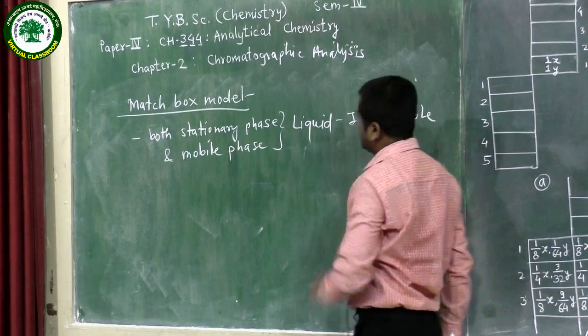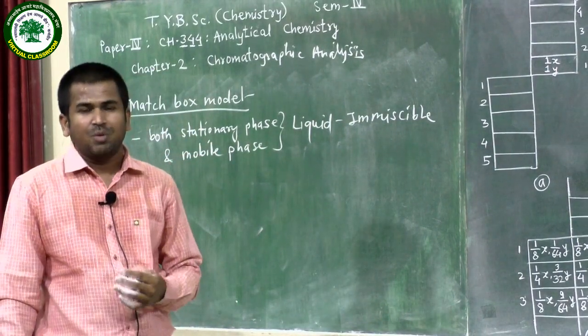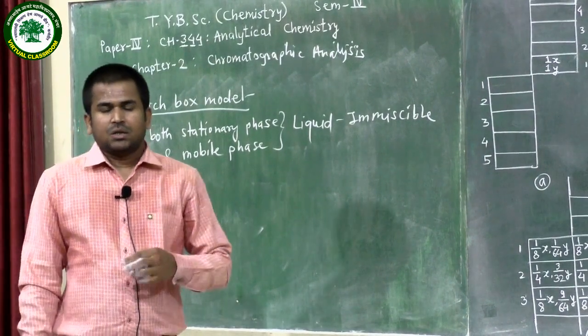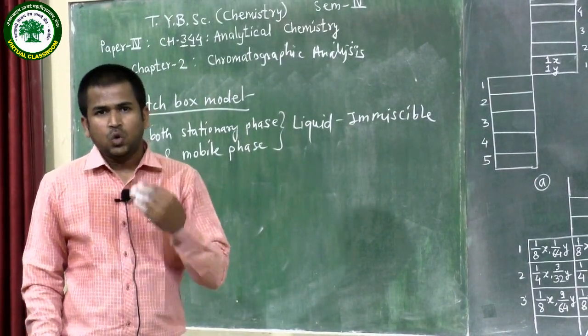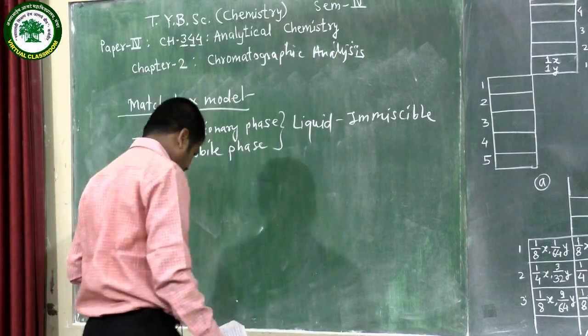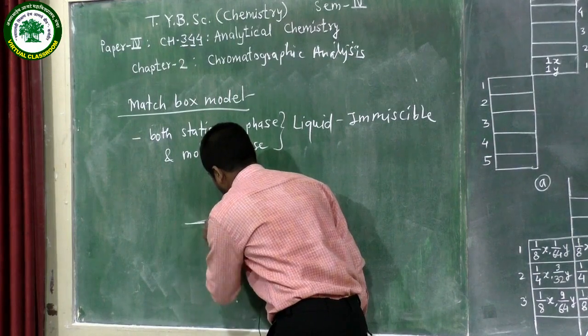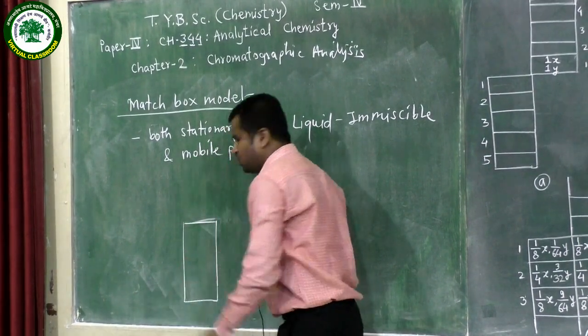So in the matchbox model, both the stationary phase as well as the mobile phase are immiscible liquids. The matchbox model consists of 2 columns, like this. It is assumed that it has 2 columns.